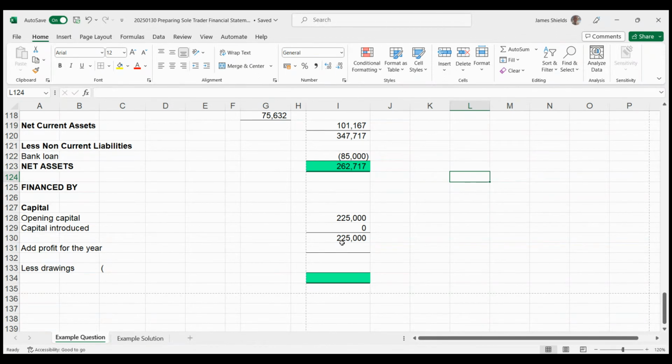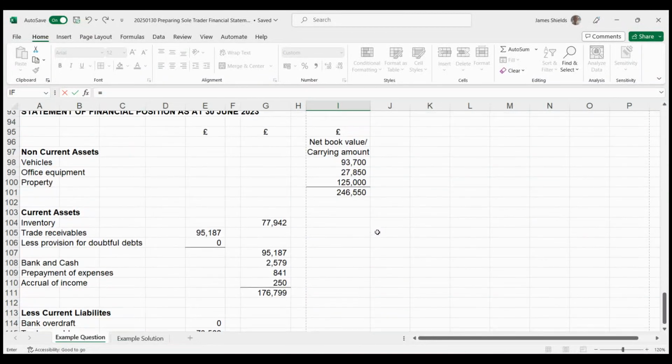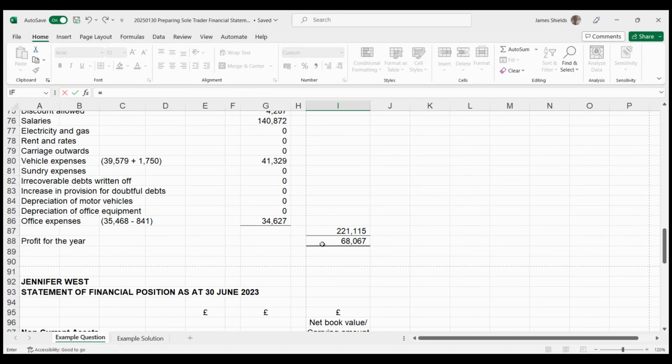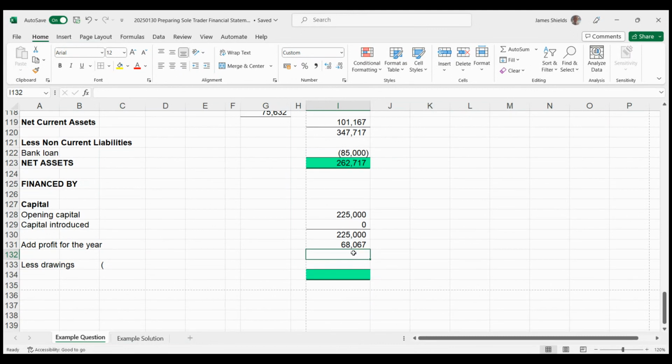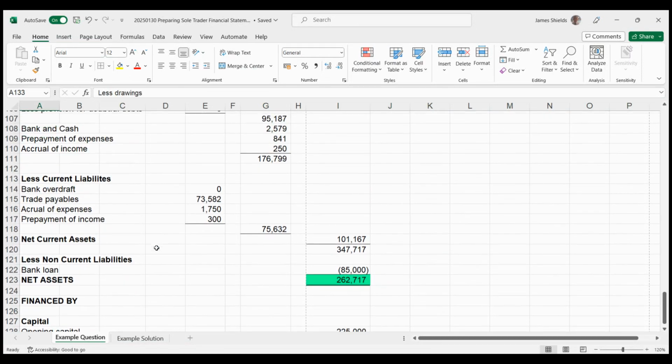Now it says add profit for the year. The profit for the year is the profit from our income statement. So back to the income statement, the profit for the year was £68,067. If I add those two together now, I get £293,067.